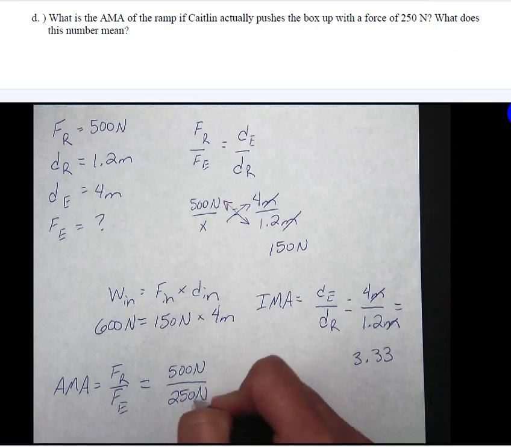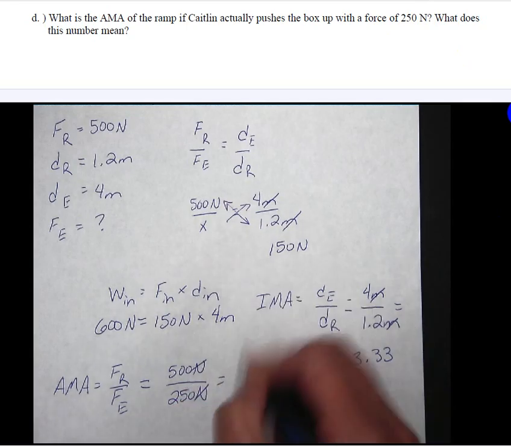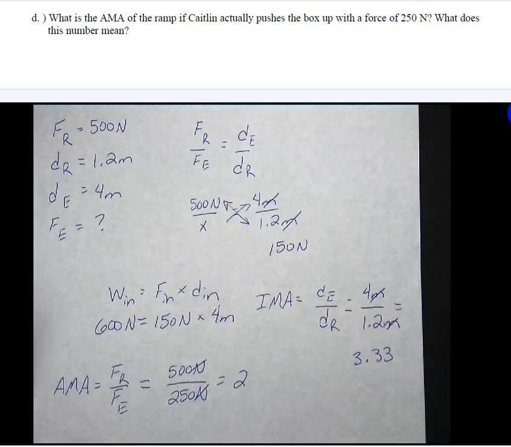My newtons cancel out, giving me 2. So the AMA, the actual mechanical advantage, is 2. But it still made it 2 times easier. So what does that mean? Friction figured in. That's why it's smaller. And it's still 2 times easier to push it up than just lifting it. So it still makes sense to do it.